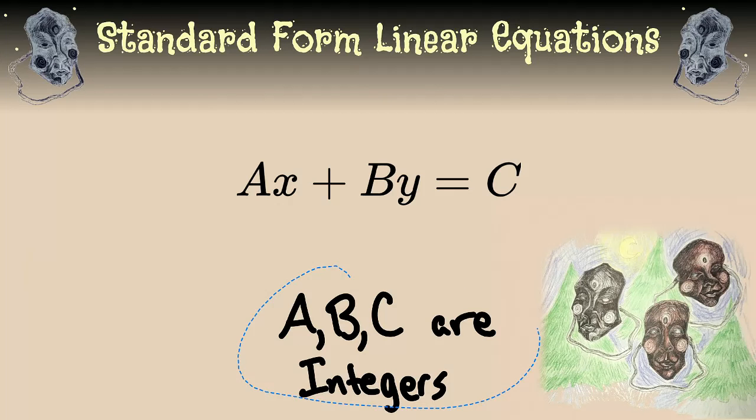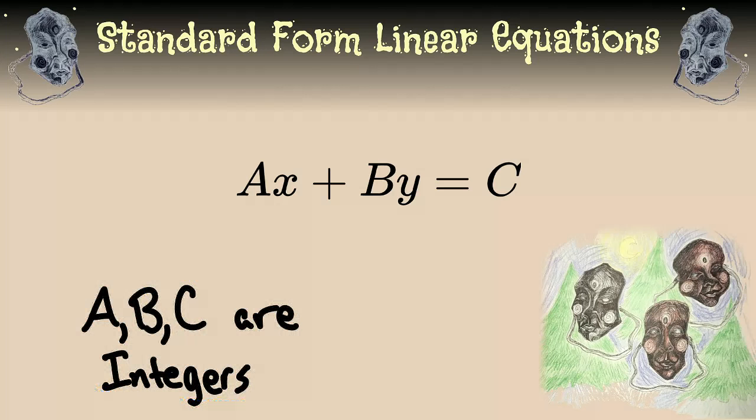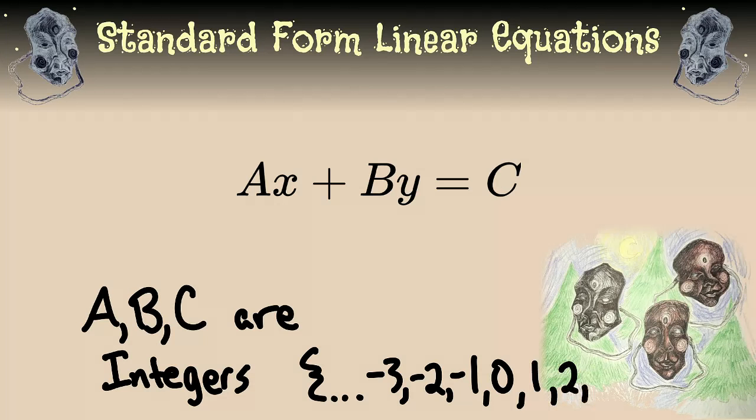And what that means is, go all the way back to negative infinity, and then -3, -2, -1, 0, and then it continues on 1, 2, 3, and so on, all the way up to infinity.